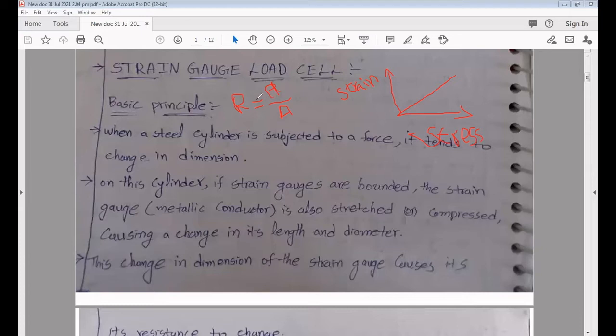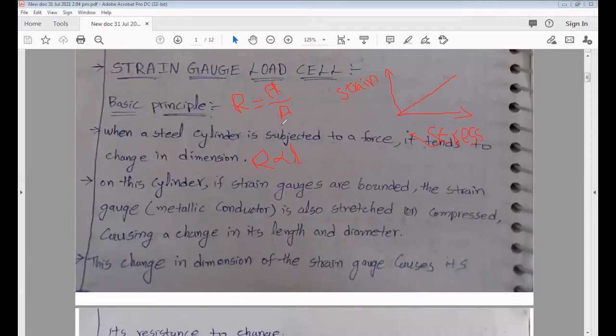So resistance and length have a linear relationship: length increases, then resistance also increases. These two are directly proportional, so R is directly proportional to the length.